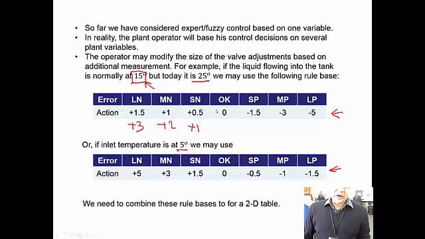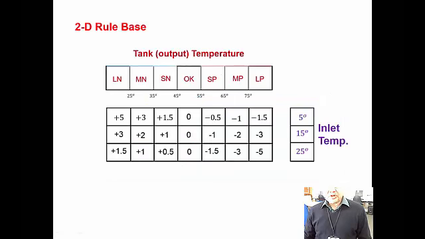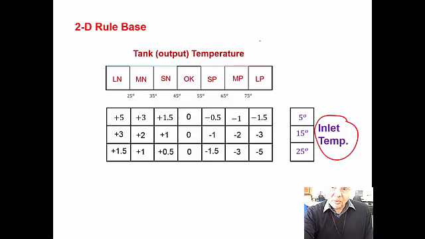Now we have two variables, and we will need to combine the two variables in a two-dimensional table. When we consider the implementation using crisp membership functions, we can divide our inlet range of temperature as shown here, and also the output temperature as measured.